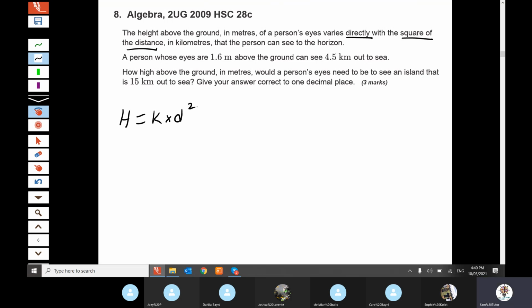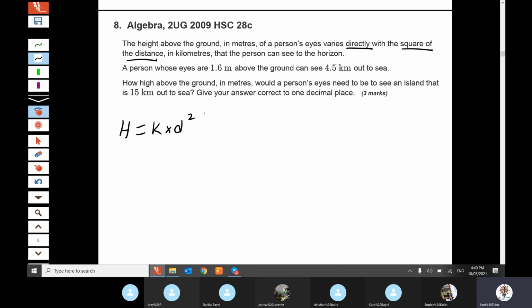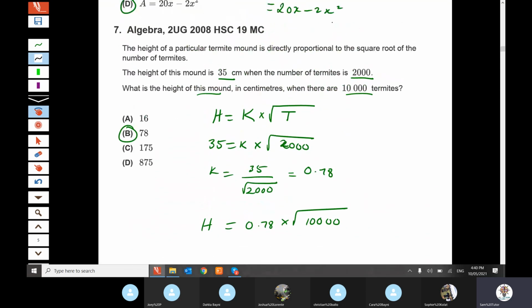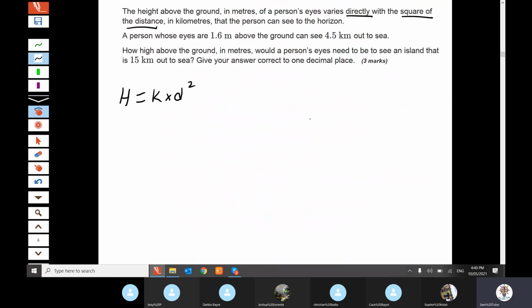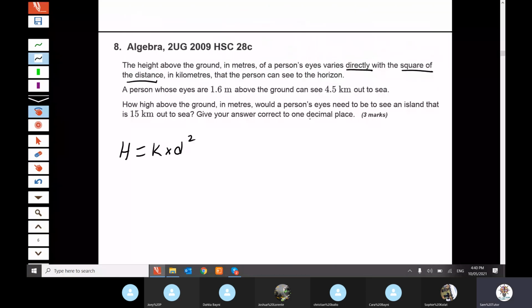I like it, D squared. Wait, I'll just scroll up for a second. This one said square root. That's why I put it in square root. Good. This one says D squared. It said directly, so we just times it. If it said indirectly or inversely, it would have been k on D squared.